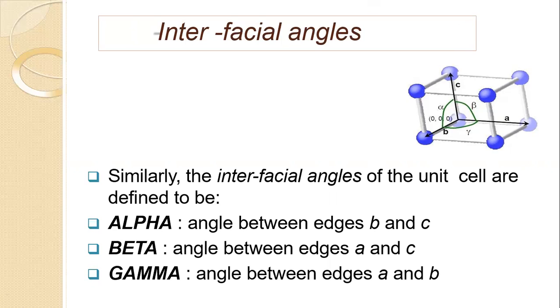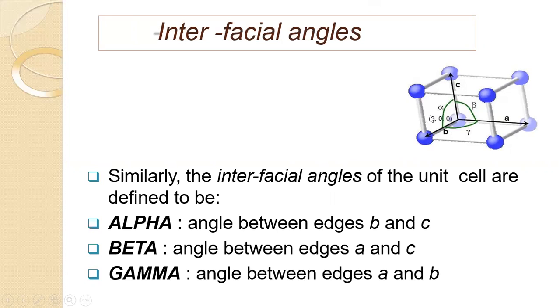When coming to the A and B axis lines, the angle produced is gamma. So here you can see the gamma angle.